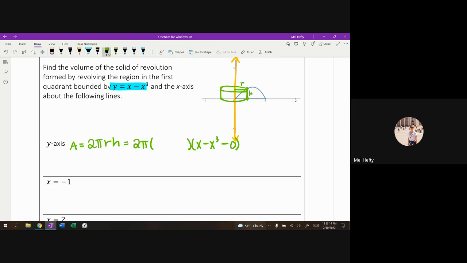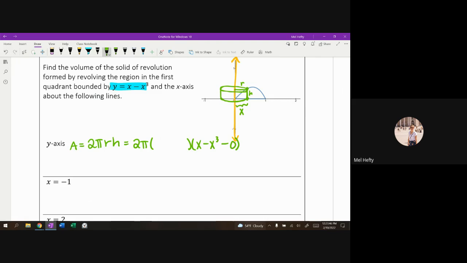Now, the weird part is the radius, because the radius of this cylinder is going to change as we go throughout the integral. It's going to start being 0, and then we're going to have one that goes out, one that goes out, and they're going to layer up as the x's change. What I would like you to consider is that this distance right here, if I had my pen and not my eraser, is the x distance that I have traveled out.